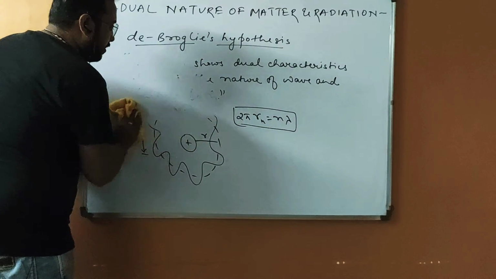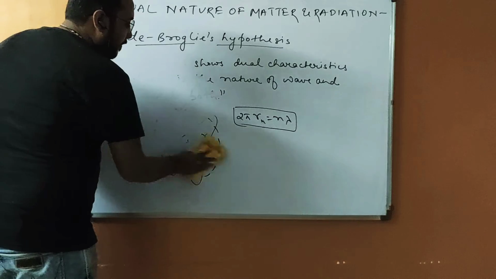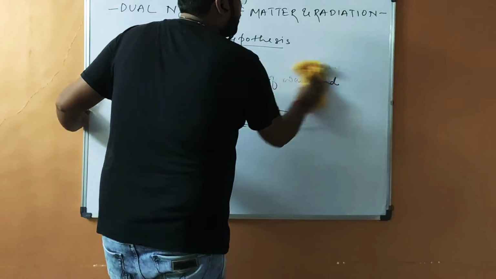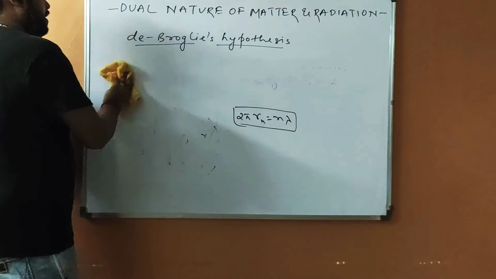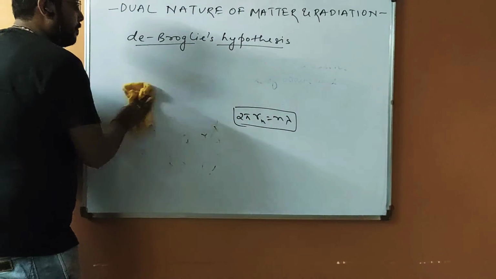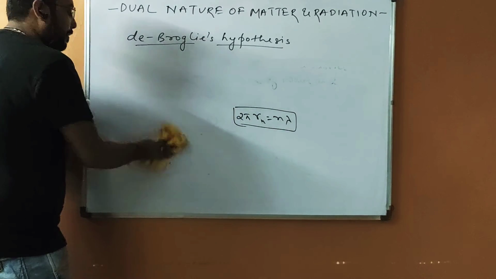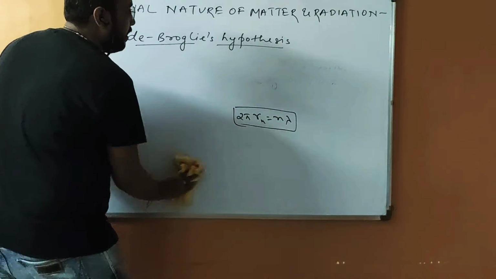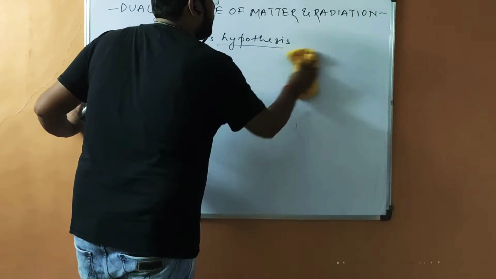We will study this topic in Atoms chapter 2, where we will need to prove the second postulate of Bohr from de Broglie's hypothesis. If you remember the second postulate of the Bohr, an electron can revolve only in that orbit for which its angular momentum is equal to the integral multiple of h by 2 pi.